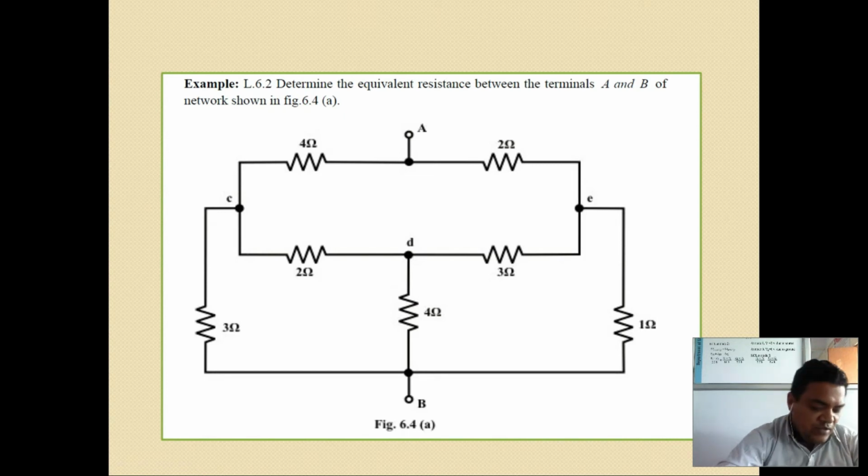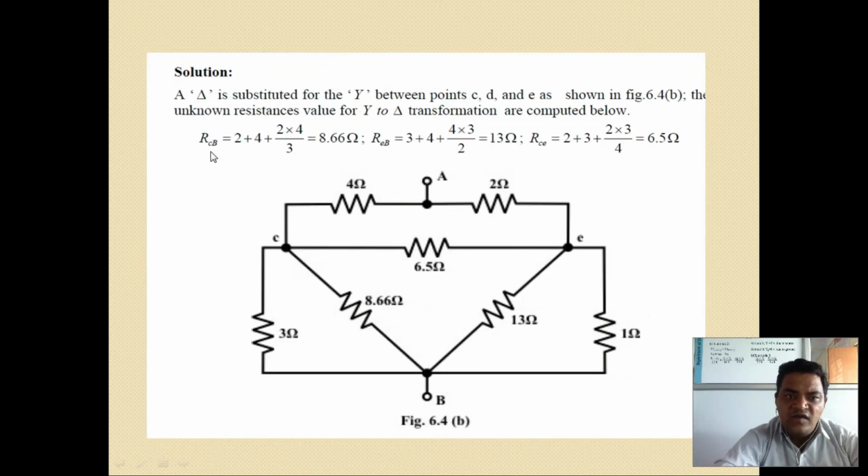In the T to delta transformation, R of CB is RC plus RB plus RC times RB upon RE. We have calculated RCB in this way.